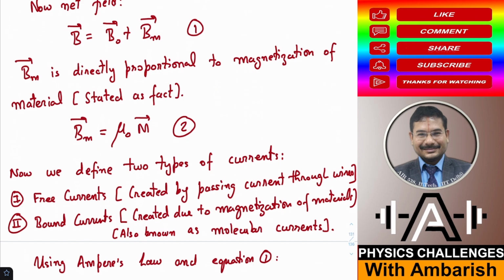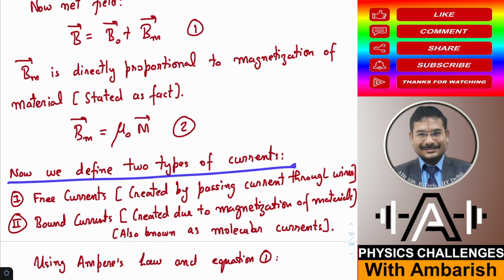I have not proved this, I have stated it as a fact from NCERT, although it's proved in Savelyev, okay. If you want, you can refer to Savelyev for greater details, but as I told you, it will be an overkill for JEE purposes. So for JEE purposes, you can stick to whatever I am presenting in this video, okay.